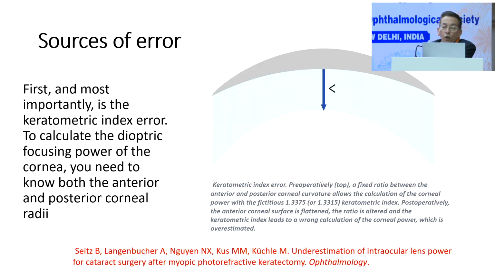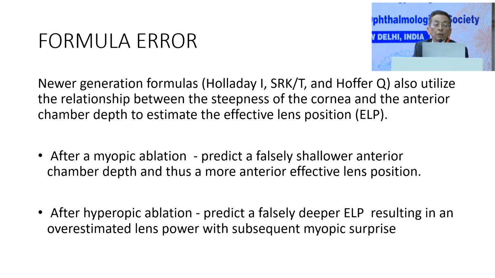To calculate the dioptric power of the cornea, you need to know both the anterior and posterior curvature. So you have to assess the depth of the anterior chamber and the change in the posterior corneal curvature. Let's look at the formula.